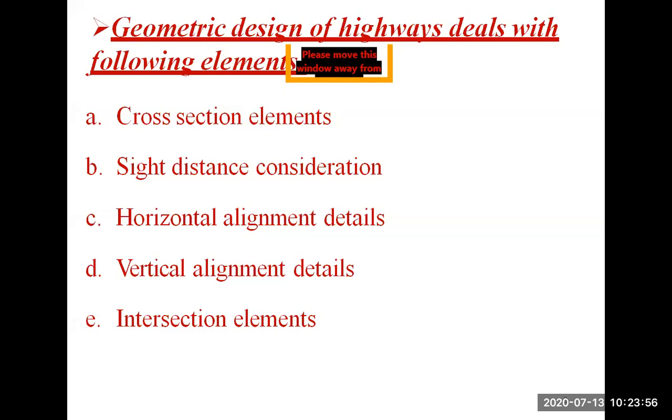You are going to see the cross-section elements, study the sight distance considerations, consider the horizontal alignment details, then vertical alignment details and intersection elements. So 5 major geometric elements you are going to study in this chapter.